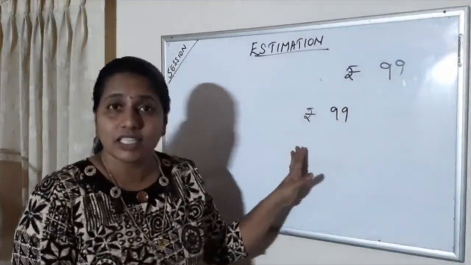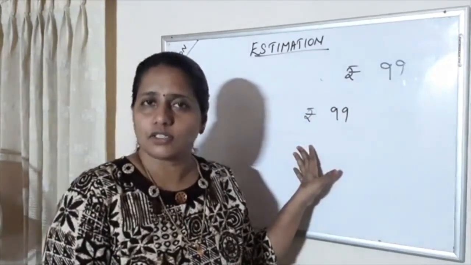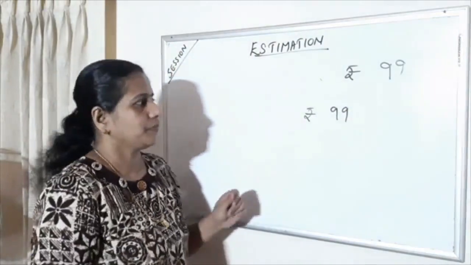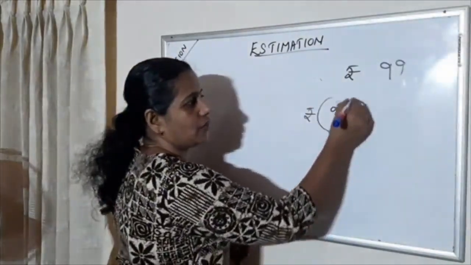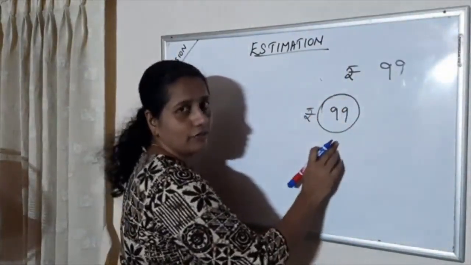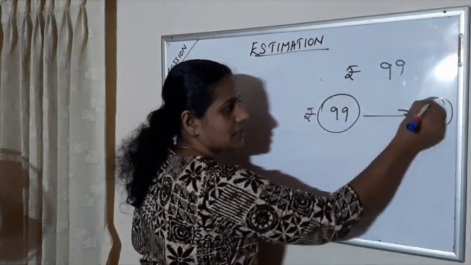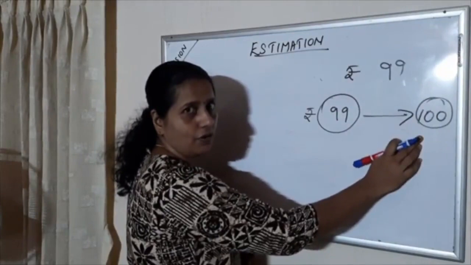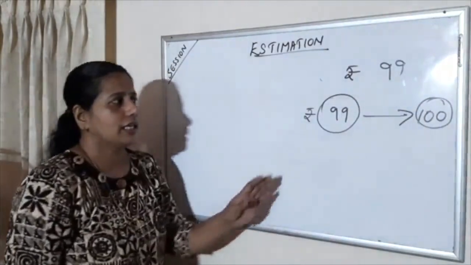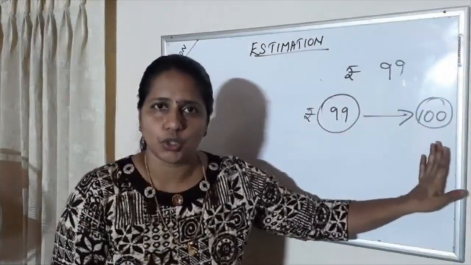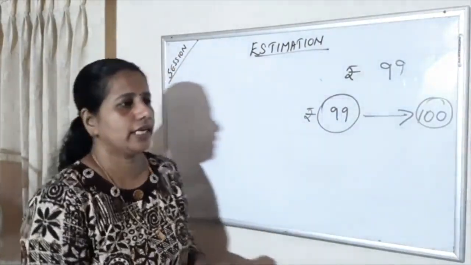You're more likely to say the cost of the pen is rupees 100. That is, you are rounding the given number up to the next multiple of 10, that is 100. Here you are rounding up 99 to 100.